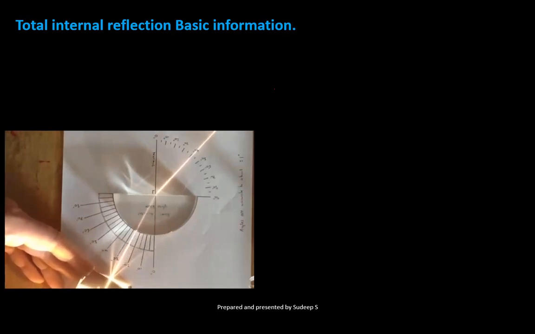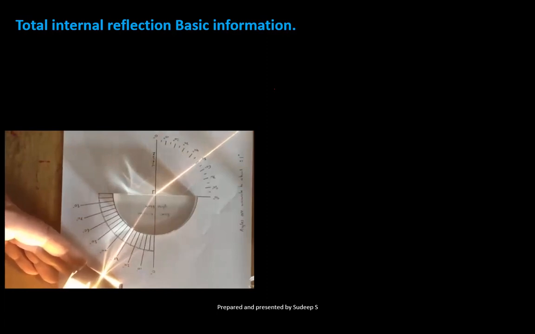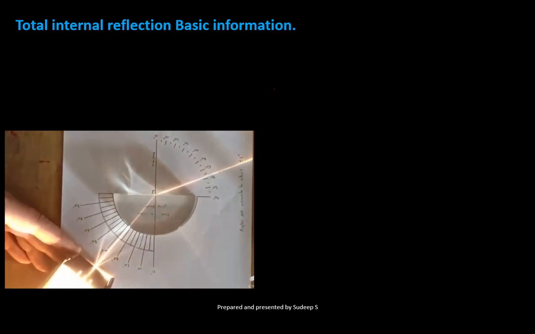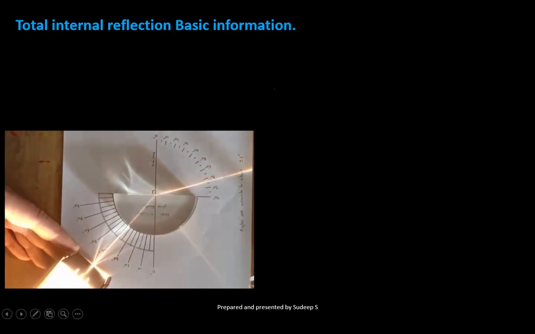As the incident ray angle keeps on increasing, the refracted ray angle also keeps on increasing. Now, if you observe closely, you can see there is an internal reflection. So this internal reflection we will define first.